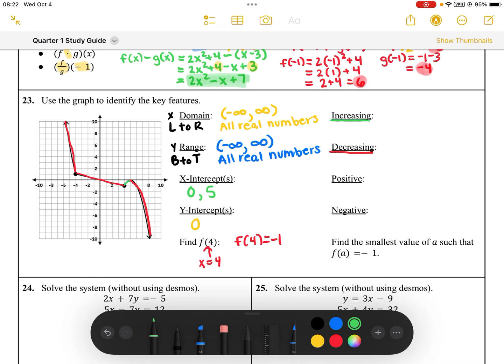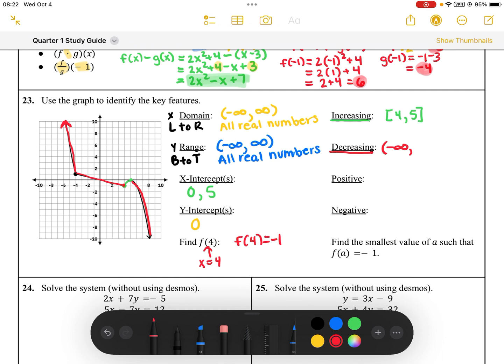Starting with increasing, increasing starts here at 4 and goes until 5. These are going to be square brackets because they're included, and it's going to be from 4 to 5. So square bracket 4, comma, 5, square bracket. For decreasing, starting with this first section, this arrow means it keeps on going. So that's going to go towards negative infinity.